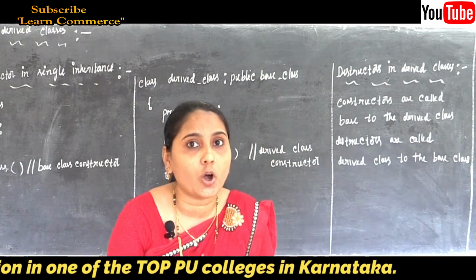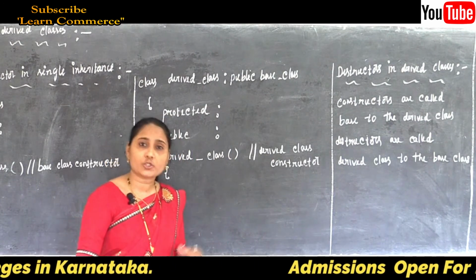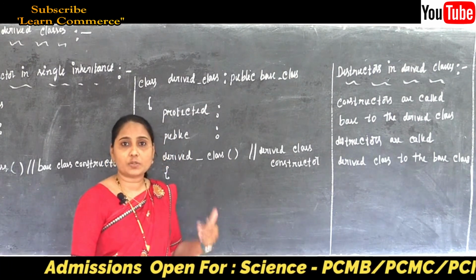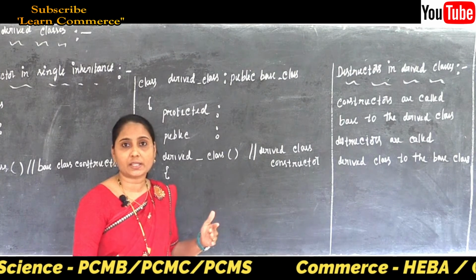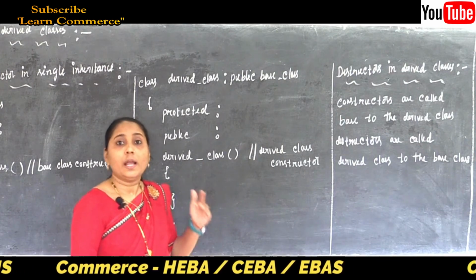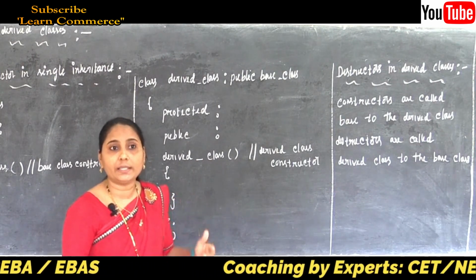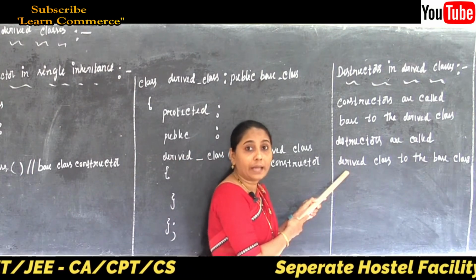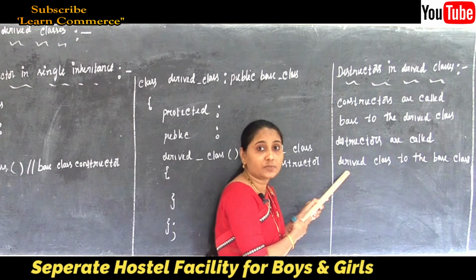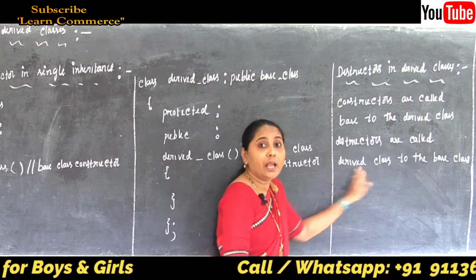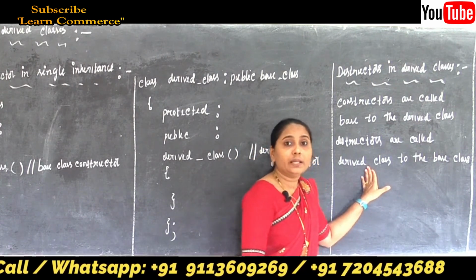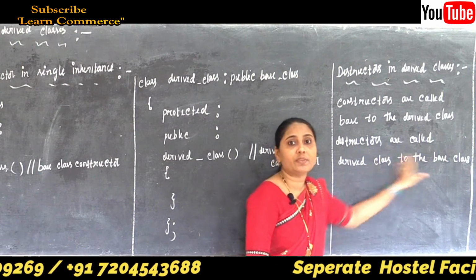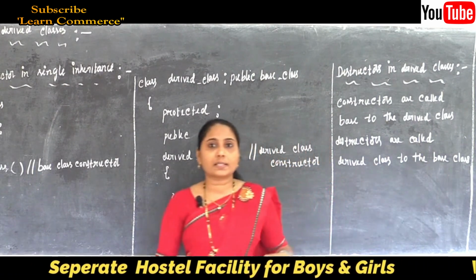So when you are going to destroy, the order is from the derived class up to the base class. First of all we need to destroy the derived class object, later we destroy the base class.